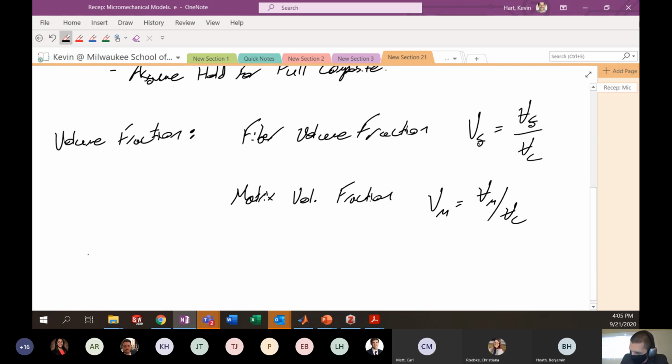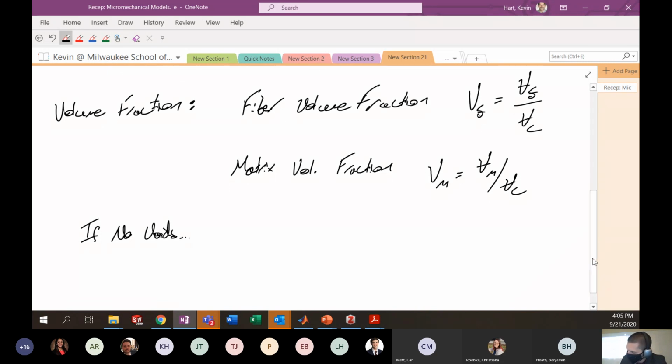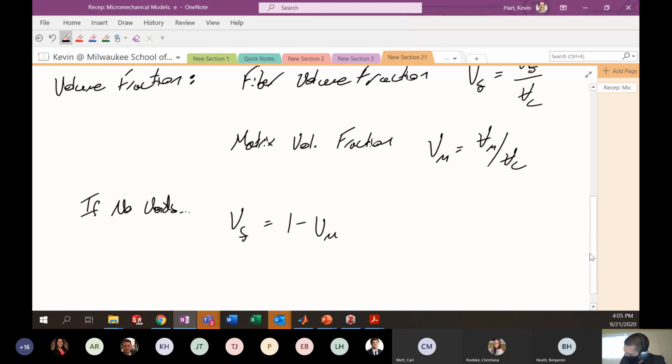And that is, no voids, meaning no empty space, the volume fraction of the fibers is going to be 1 minus the volume fraction of the matrix. Or you can think of it this way: the matrix volume fraction and the fiber volume fraction together have to be 100%, right? Either way that you want to think about it, it's perfectly fine.